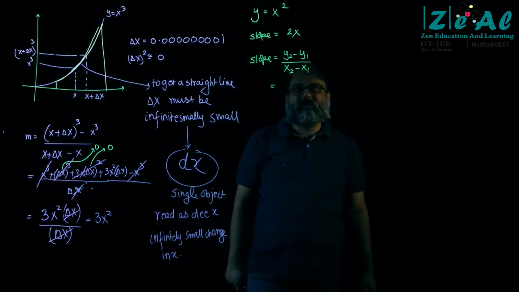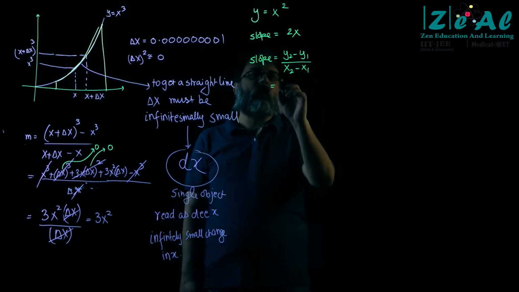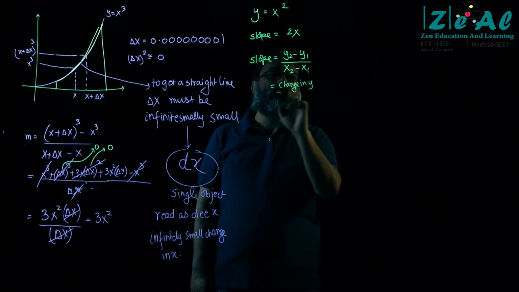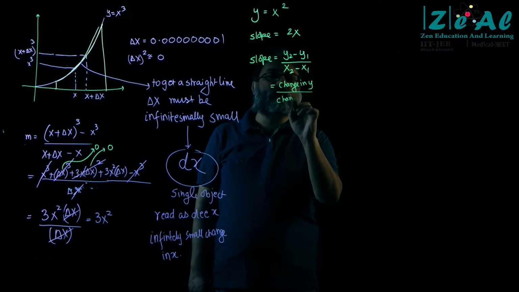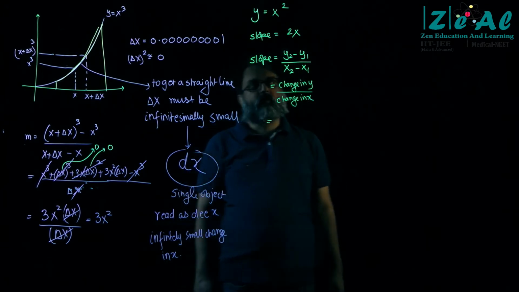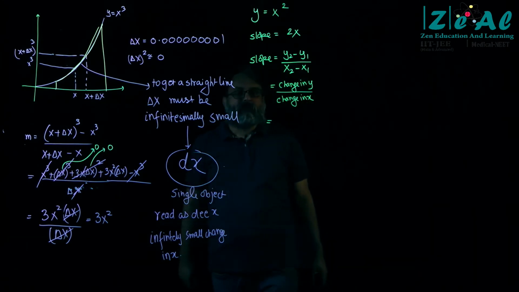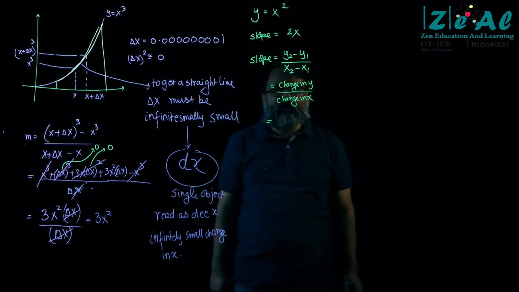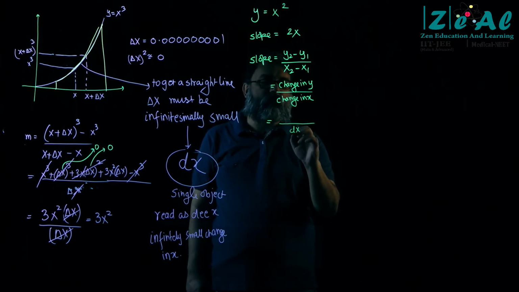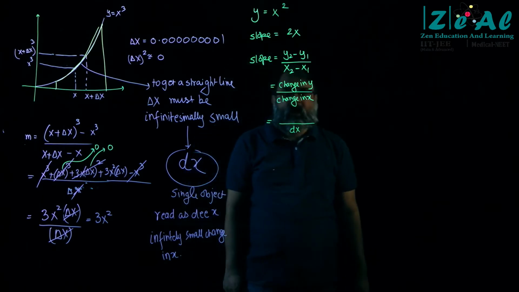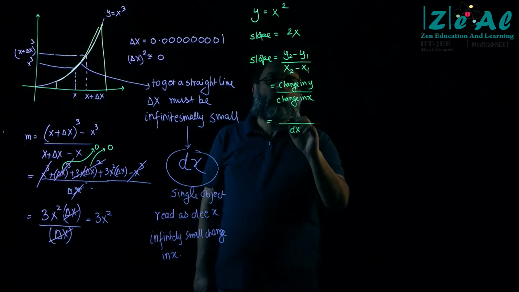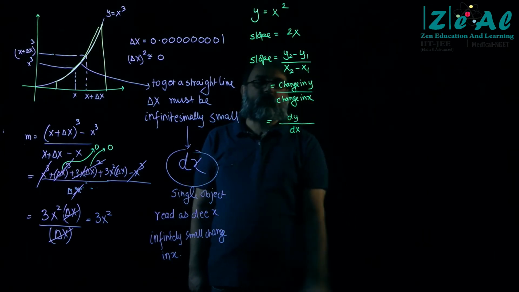Therefore, I can say that the slope is the change in y divided by the change in x. Now, this change in x is going to be infinitesimally small, so I will write it as dx. And this change in y is also going to be infinitesimally small, so I write it like this.